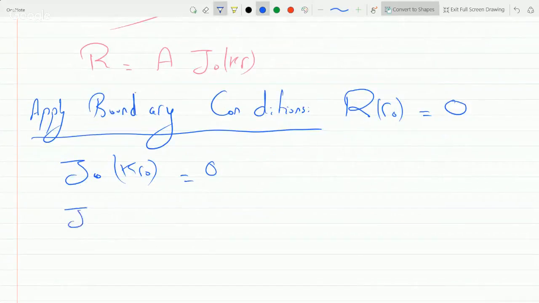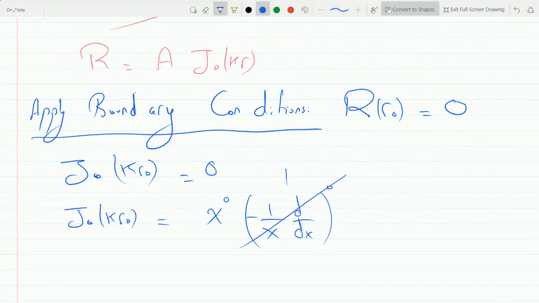Now J0(kR0), according to equation 17.4 in the section on page 596, is equal to x to the n, with n being 0, minus 1 over x d over dx to the 0, so this whole thing is 1, of sine x over x.